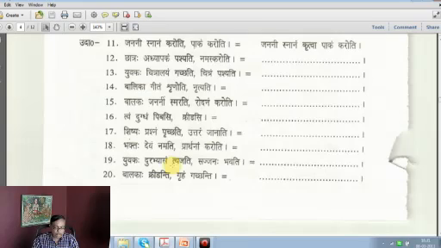Then Purvam Yuvakaha Durabhyasam Tyajati Sajjanaha Bhavati. First a young man gives up his vice, bad habit, and then he becomes a gentleman. Yuvakaha Durabhyasam Tyaktva, after leaving the vice, the bad habit, Sajjanaha Bhavati.